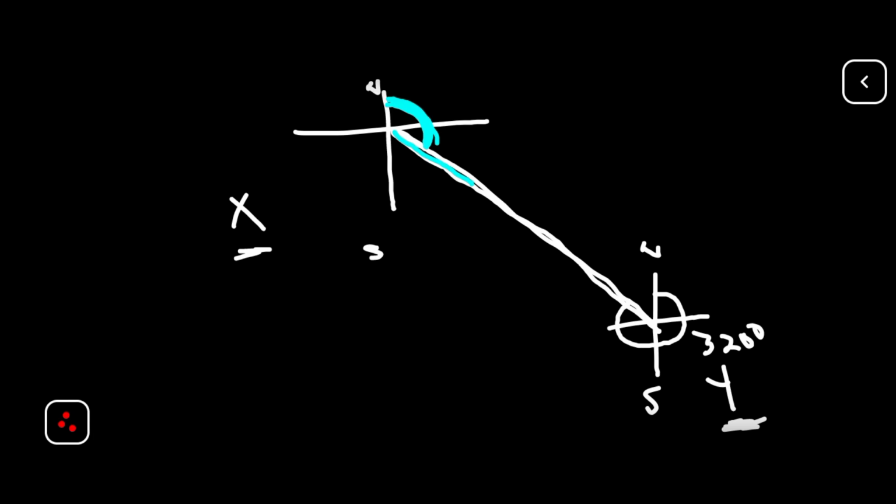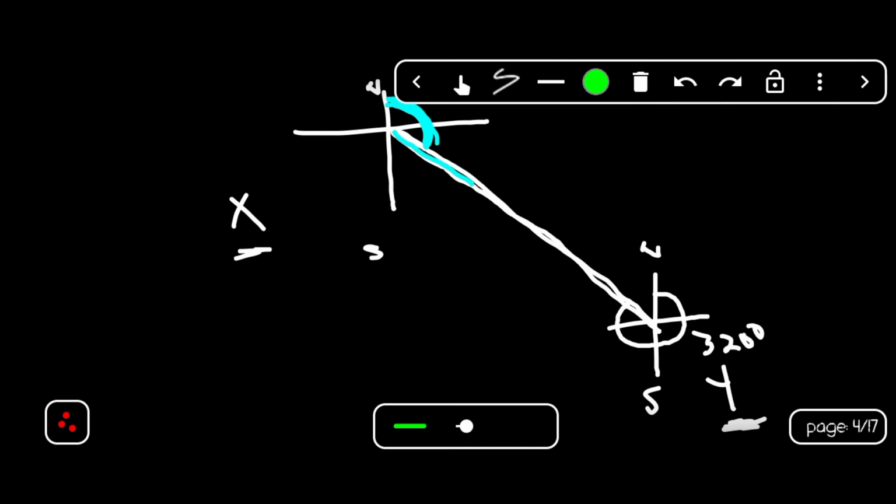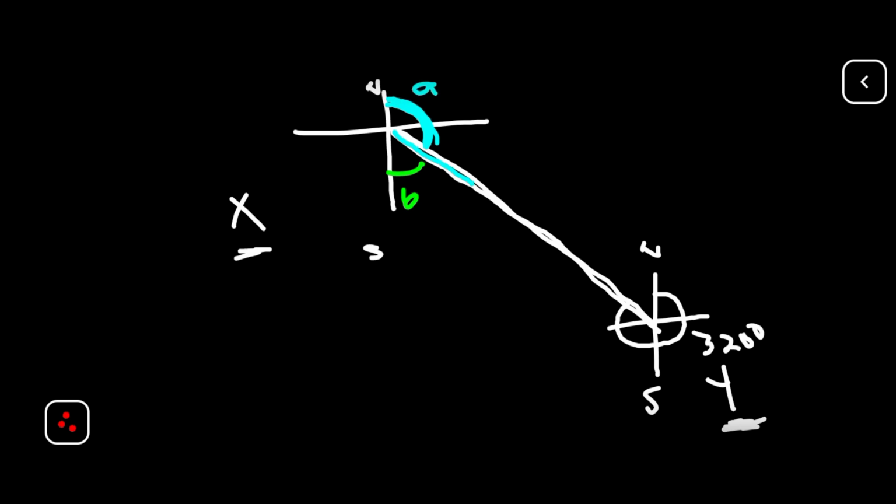Now, we know very well that for us to get this angle here, let's call this angle A, we may have to know another angle here. So let me use another color to represent that angle. Let's call this B. And to know this angle B, we need to know the alternate angle on this side.